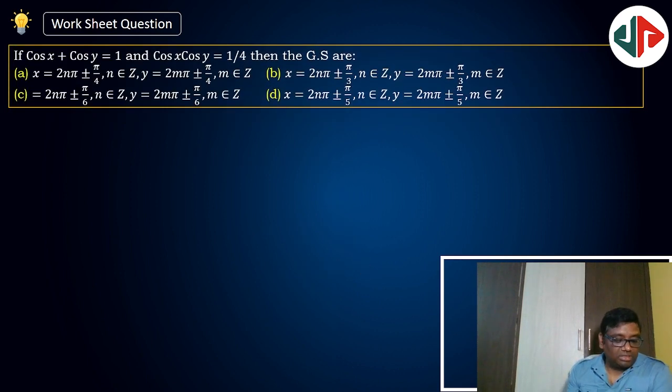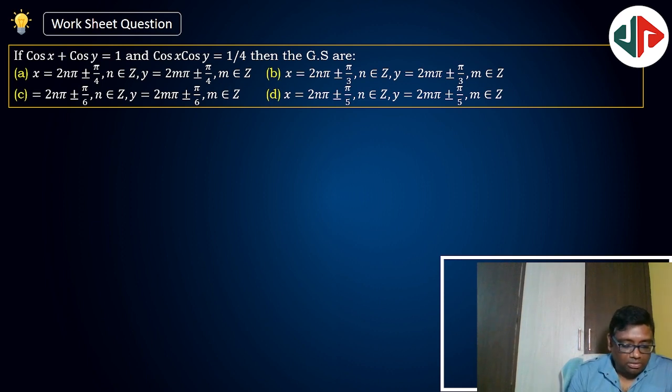If cos x plus cos y is equal to 1, cos x into cos y is equal to 1 by 4, then what is the general solution here? What is the value of the general solution? Here this is by the verification method.